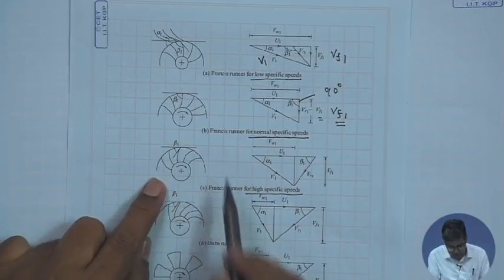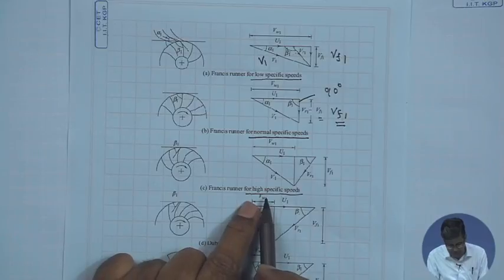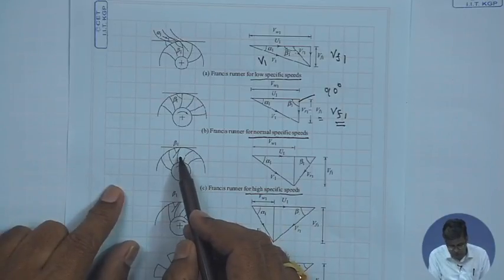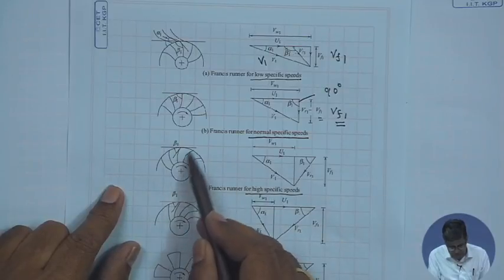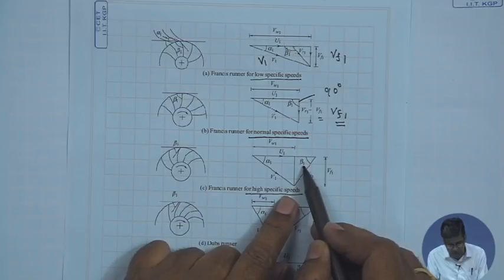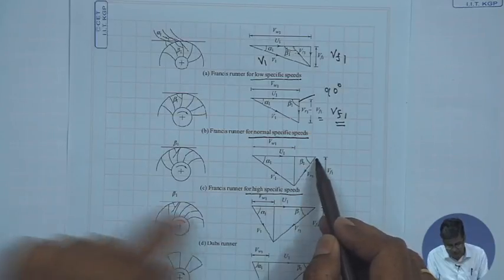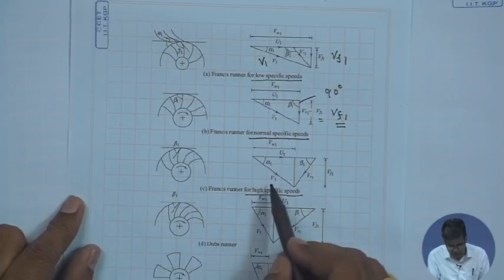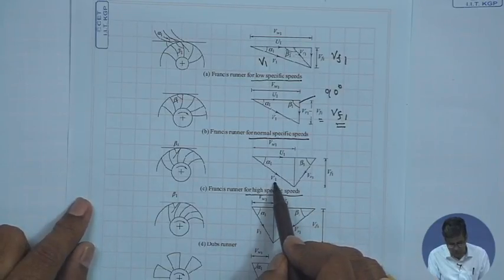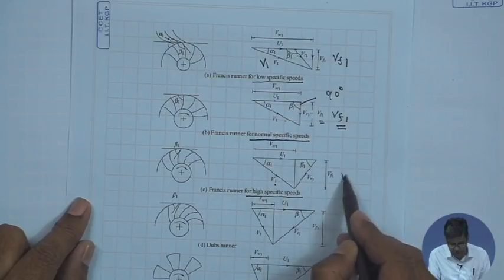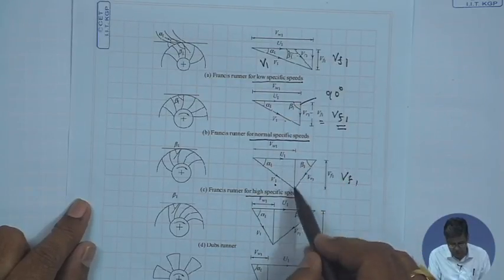Now, when we still increase the specific speed or reduce the head, it should admit more fluid, and in that case this is curved in this way, so that we get an acute angle for this beta 1, and this becomes the velocity triangle, where the absolute velocity of water at inlet is still reduced and this flow velocity Vf1 is further increased.